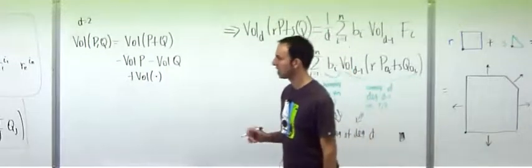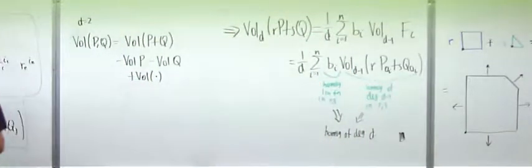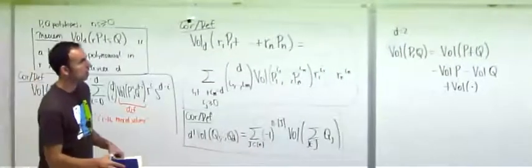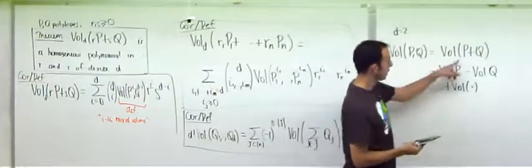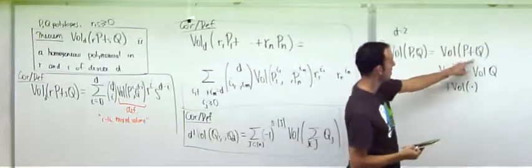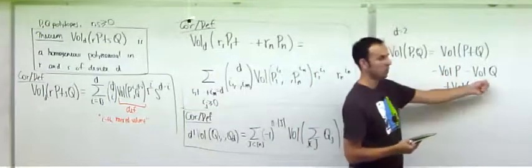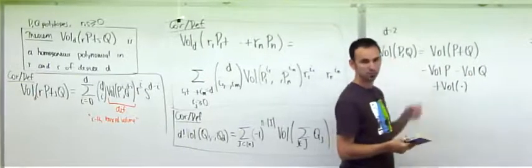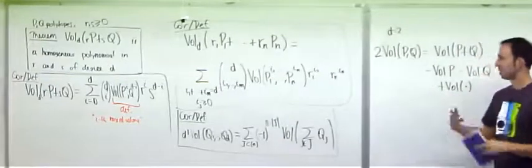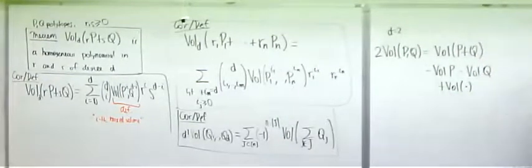And this makes me realize that I'm missing d factorial here. So I'm missing a 2 here. So you see what I'm saying here is that the volume of P plus Q is the volume of P plus the volume of Q plus 2 times the volume of P and Q. Okay. And by moving the formula around, I can get it to look like this.